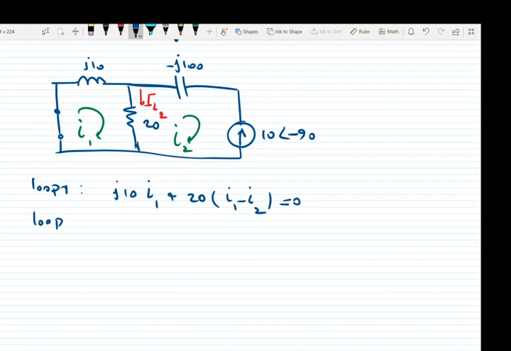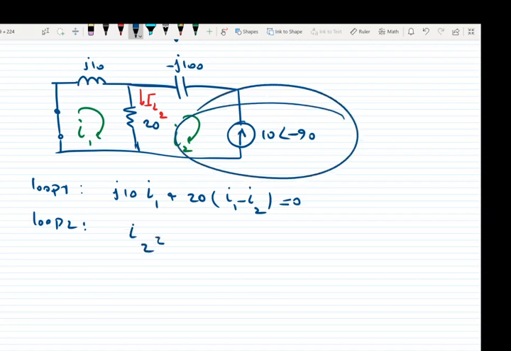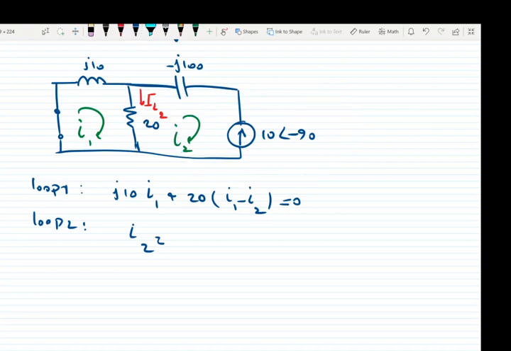Loop 2, I2: we see that we have a current source in the loop, so the current is equal to the value of the current source. So it's negative 10 with the angle of negative 90.